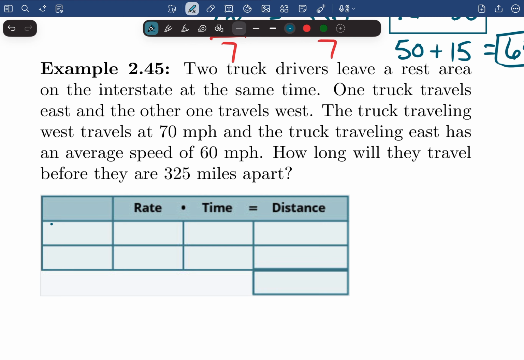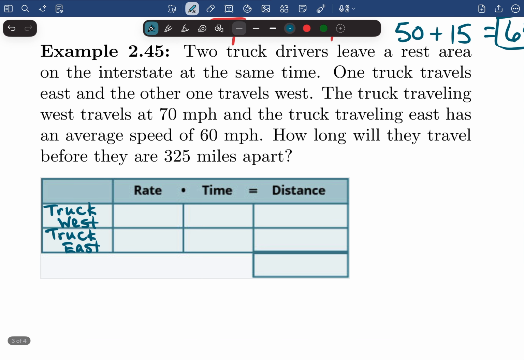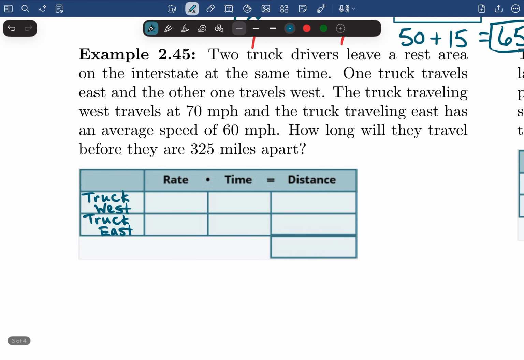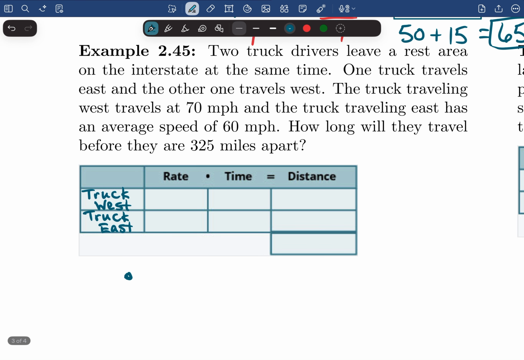All right, so let's fill out our known information. There's a truck that's going west. I'll write that one first. And there's a truck that's going east. And here's a little diagram for us. They leave the same rest area at the same time. So here's the rest area, but one of the trucks is traveling from the rest stop westward, and one of the trucks from that rest stop is going eastward.